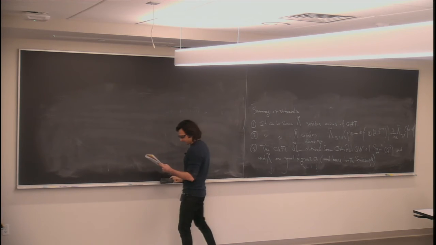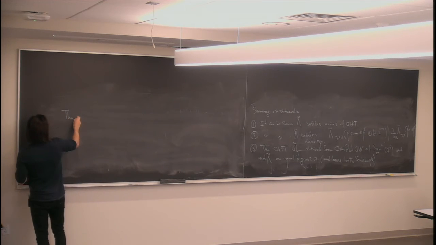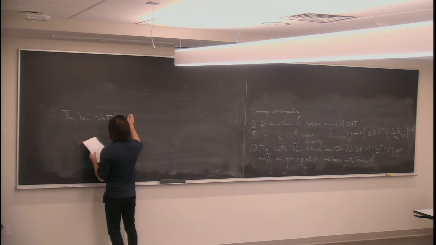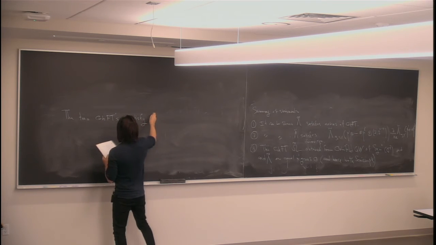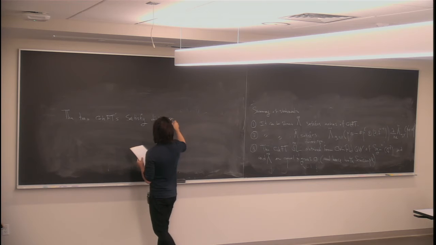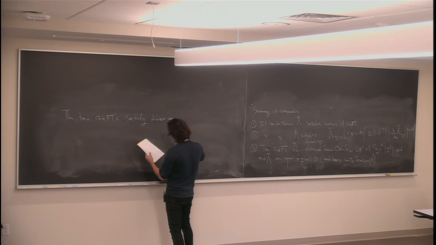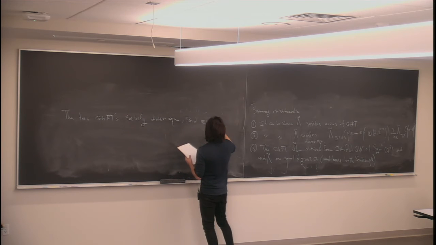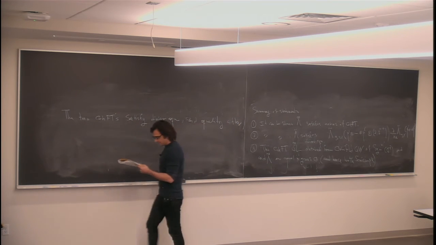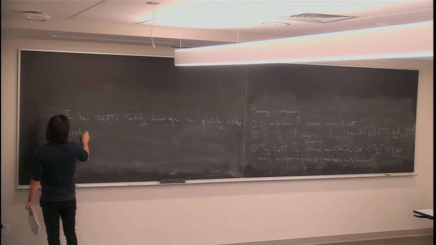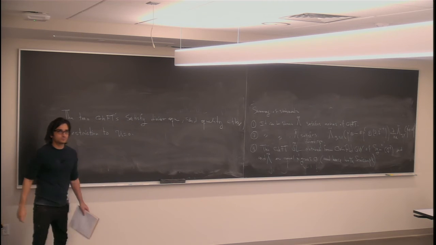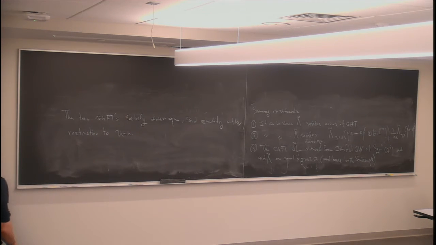So then the two cohomological field theories satisfy the divisor equation, and the equality after restriction to u equal to 0.